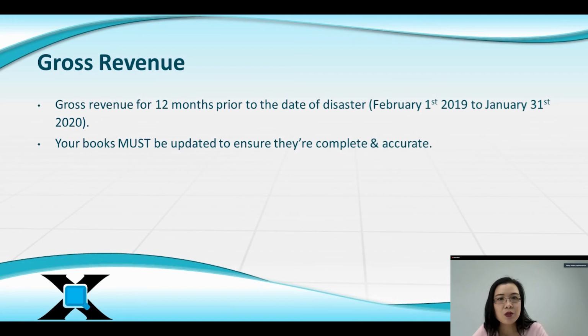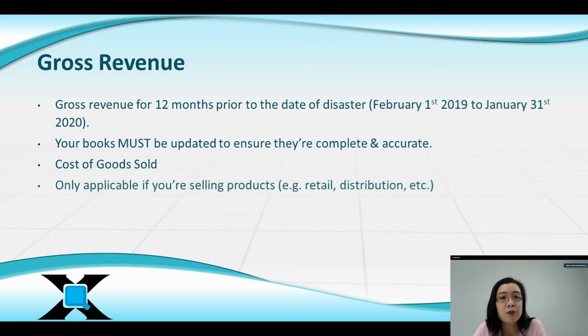In terms of cost of goods sold, there's also a lot of confusion. Like the other day, a dentist called me and said, well, I'm a dentist, so I provide services. I don't sell a product. So do I have cost of goods sold? The answer is no. If you are in service business, you really don't have cost of goods sold, because cost of goods sold are only applicable if you're selling a product.